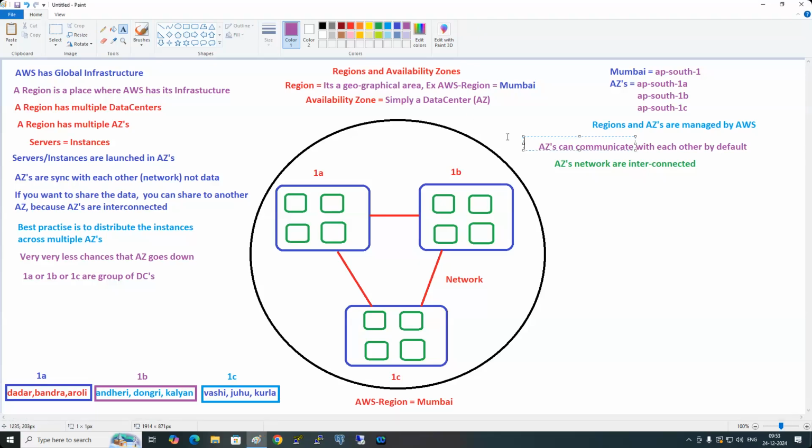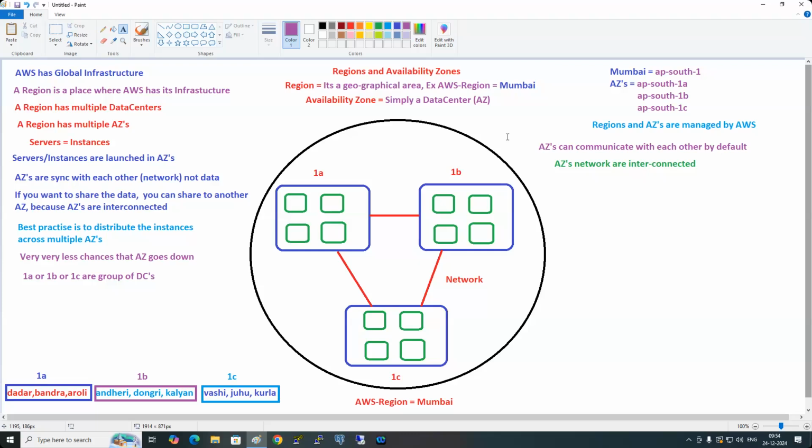Okay, so let me quickly revise what we have learned so that it will be easy for you. Again, what is a region? Answer. Region, what is a region? A region is a place where AWS has its infrastructure. So can we say region is nothing but a geographical area?